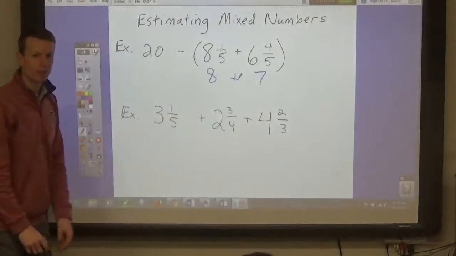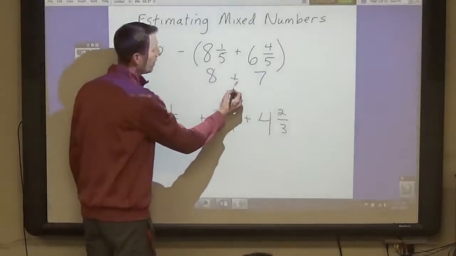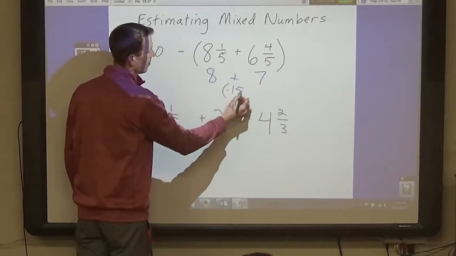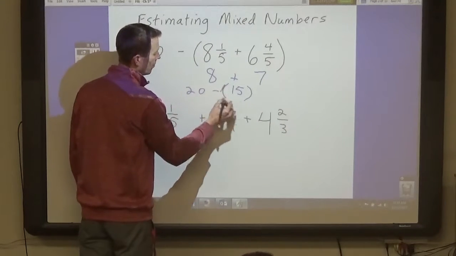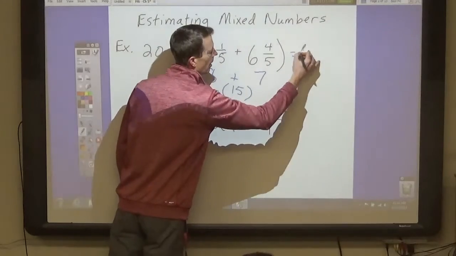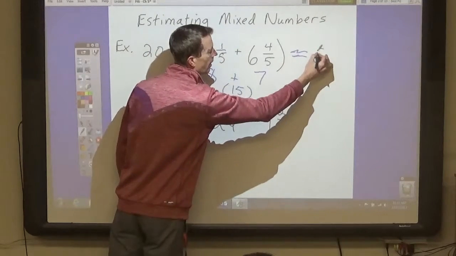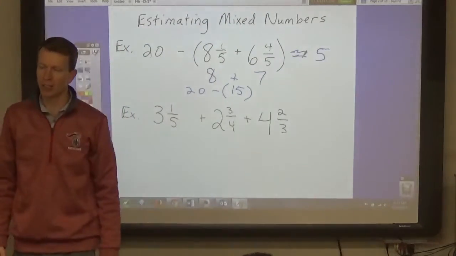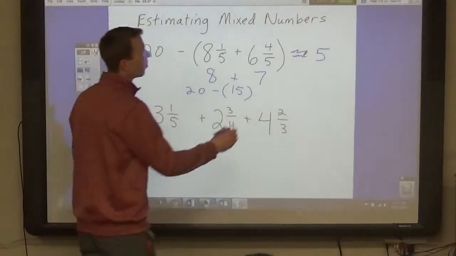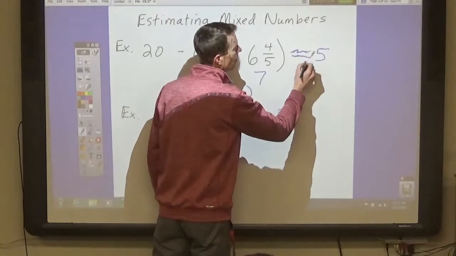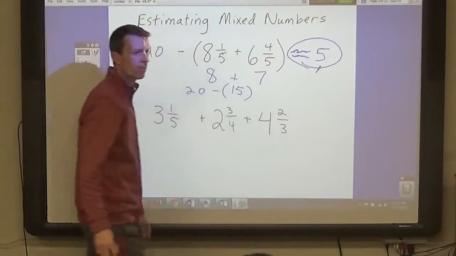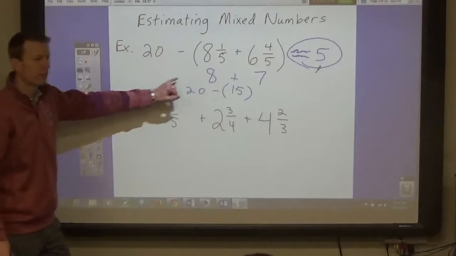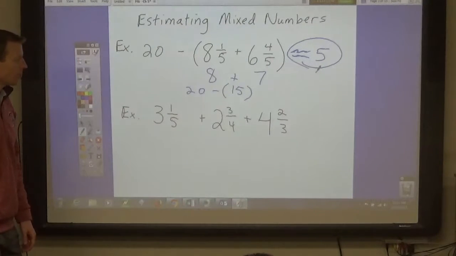Then add those two, 15, and then do 20 minus 15, which equals approximately 5. This squiggly equal sign, that's the approximation sign. So it's approximately 5. About 5. Okay? 20 minus 15.